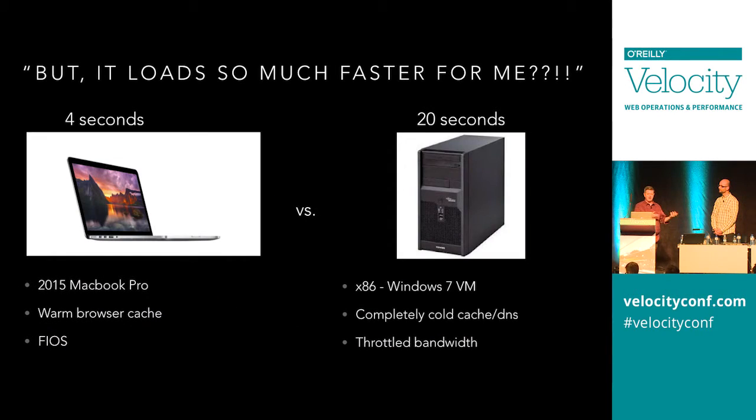And as we start to talk about synthetic, I hear this quite a bit as well. Even between different synthetic environments, there's a great degree of variability. I get asked a lot, why is SpeedCurve so slow? Why is your data so slow compared to either my experience or the experience that I see in RUM? And I think sometimes the thing that people forget is the degree that we go to in synthetic to make sure that we've got a completely cold cache.